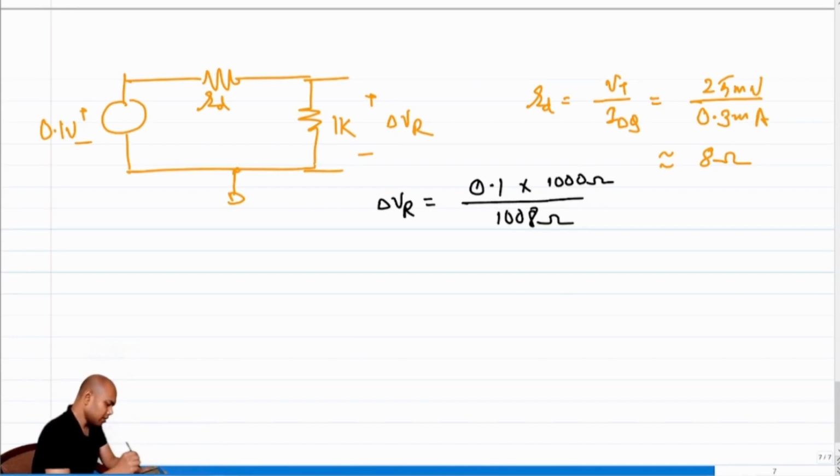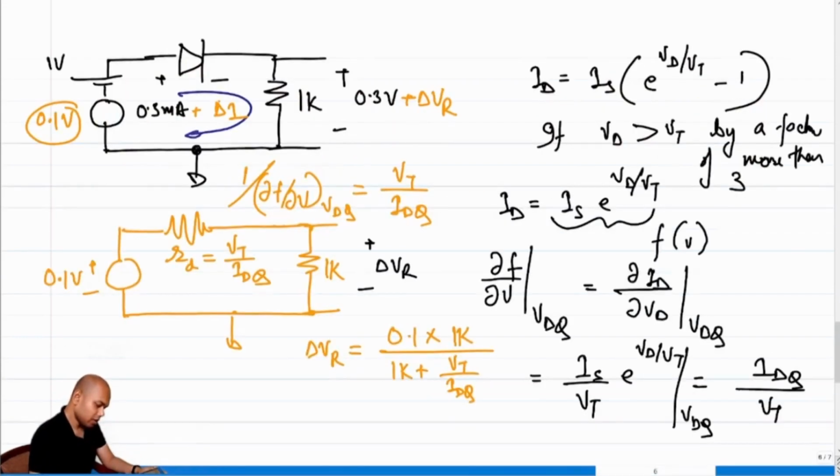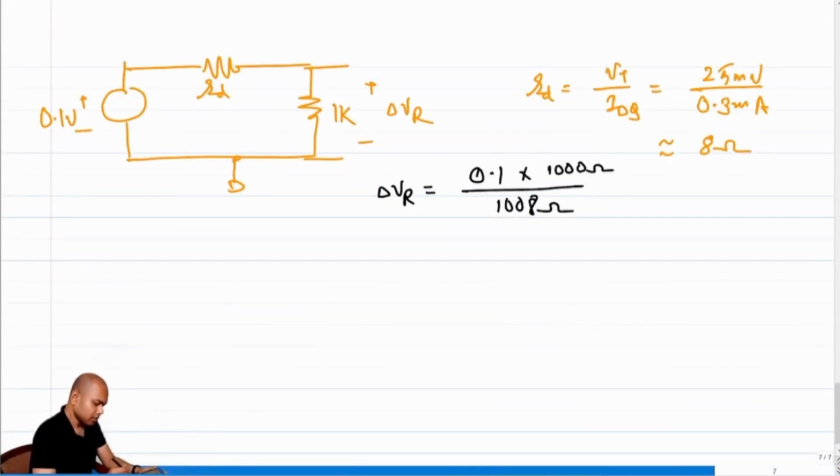So what is the total voltage? The total voltage across R is equal to quiescent, right?